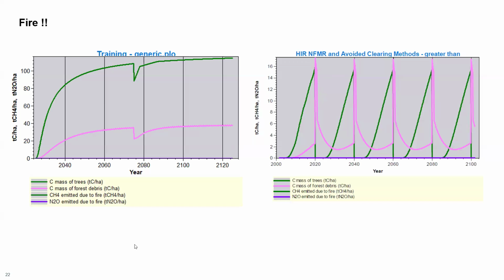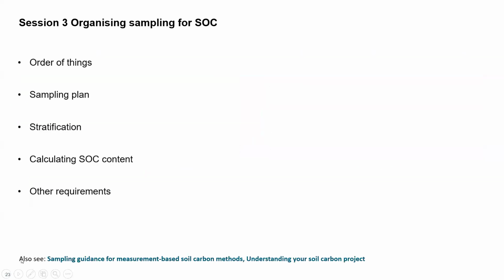All right, so sampling. We'll cover quickly the order of things to organize and orchestrate a soil sampling, which is pretty precise. We'll talk about the sampling plan, which is a document that you need to send to the CER when you're about to do a sampling round.